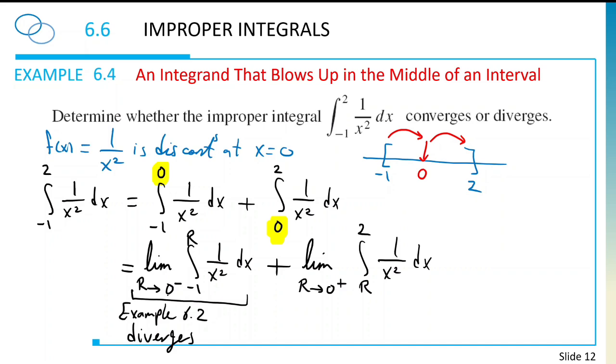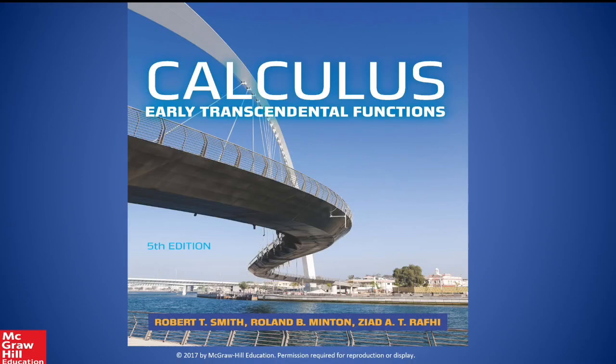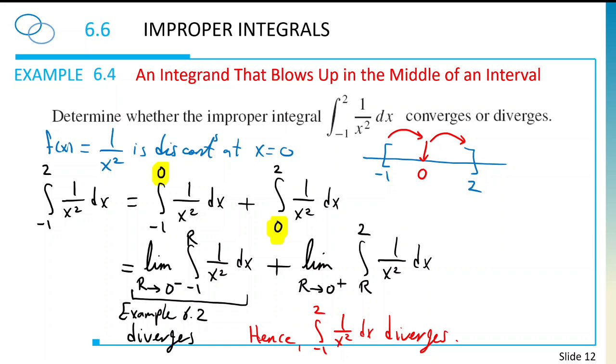So if this first one diverges, do I need to check the other one? No. Once one of them diverges, there is no need to continue checking. From the first one being divergent, you can conclude that the overall integral from -1 to 2 of 1 over x squared dx diverges. If one of them diverges, you just decide that it diverges.